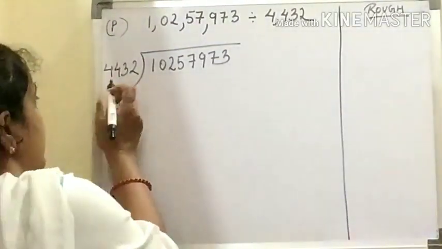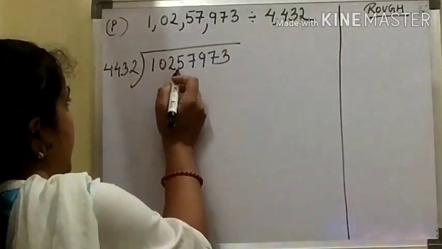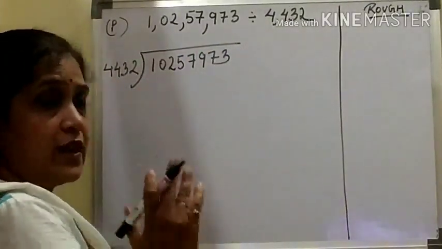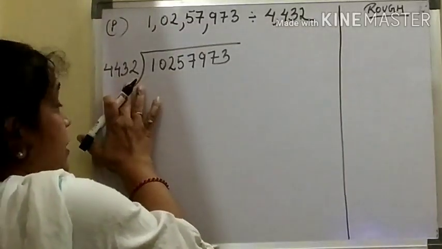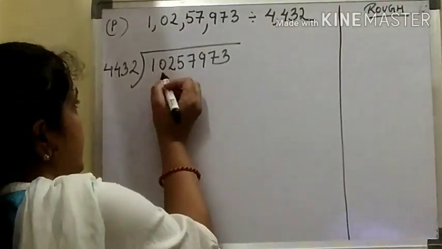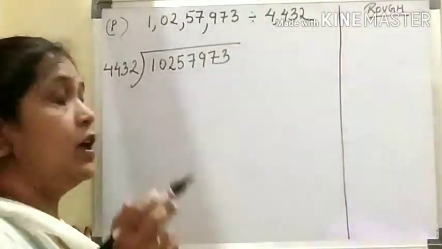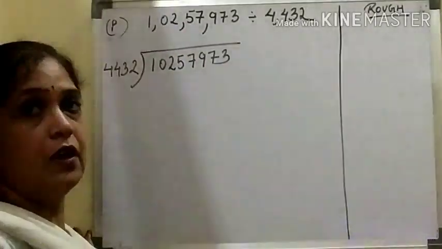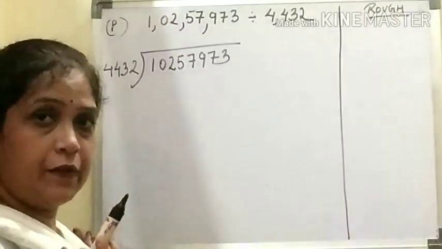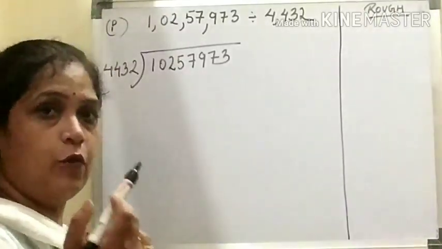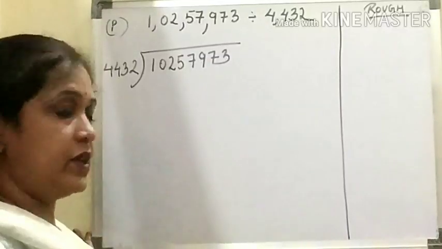Now here see the first 4 digits, 1025. Clearly the first 4 digits are less than 4432. So we will take the 5 digits, that means 10257. Now see here the first digit 4, and you know the multiplication table of 4. 4 ones are 4, 4 twos are 8, 4 threes are 12.